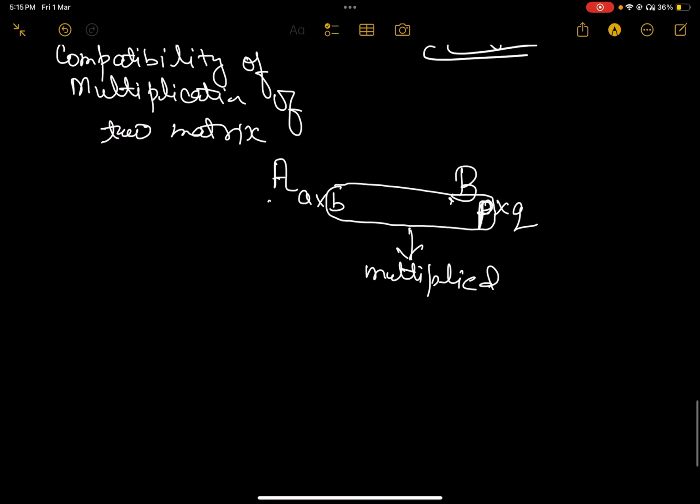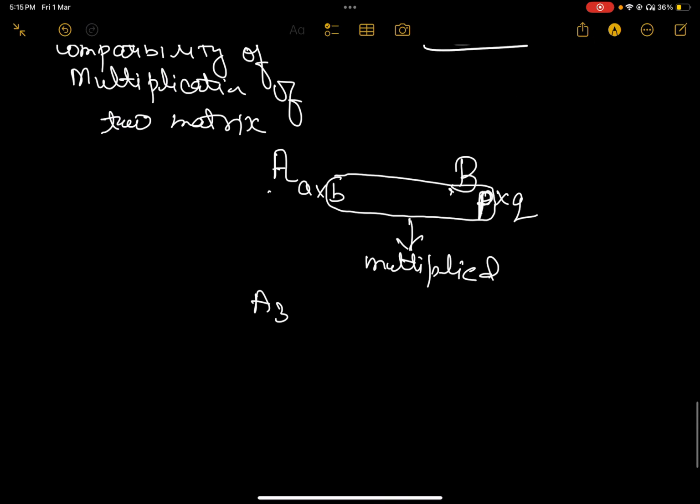Let's take some examples. Let's say it is 3 cross 2 and it is 2 cross 7. The number of columns of matrix A is equal to the number of rows of matrix B, then it can be multiplied.